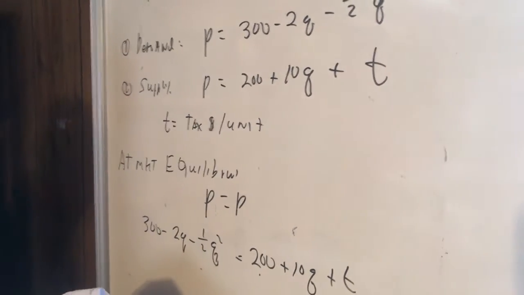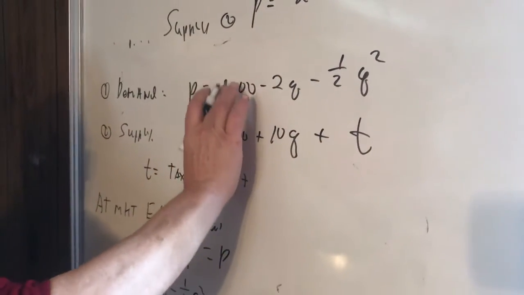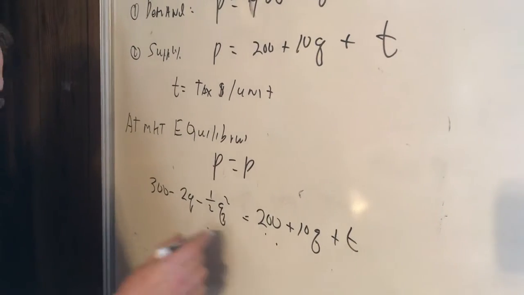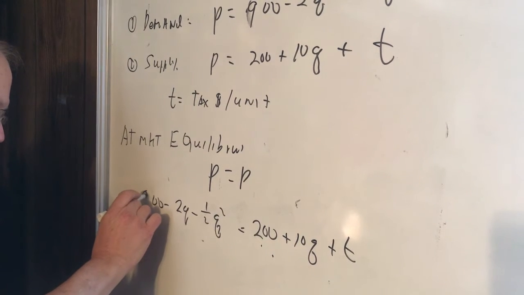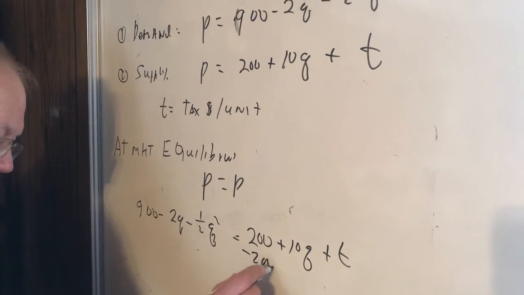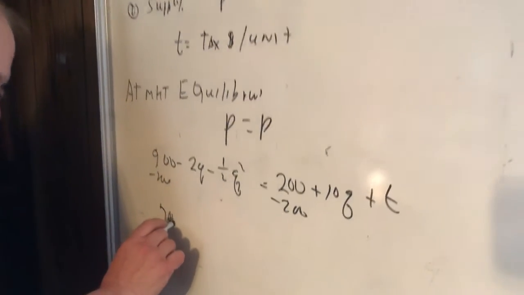Let's see, this was 900. So I'm going to bring the 200 over here. This is 900, right? That's going to give me 700.